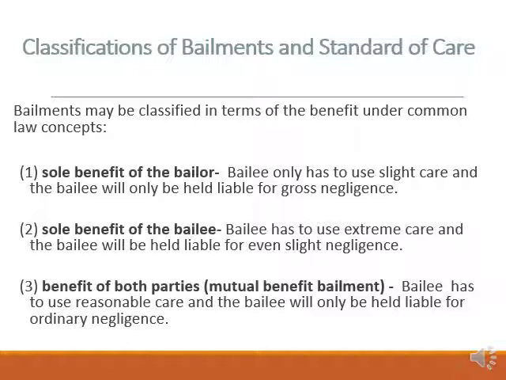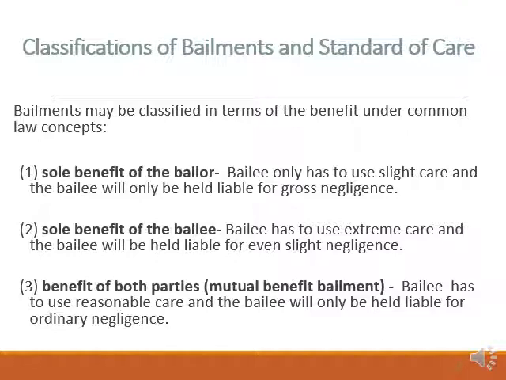I know we think about our dogs as our family, but under law, they're considered to be personal property. So if I was to go out of town and I asked my sister to take care of my dog, that would actually be a bailment classified as for the sole benefit of the bailor. I'm the bailor, my sister would be the bailee. She's helping me out. So she only has to use slight or little care, and she can only be held liable for gross negligence if she did something extremely terrible.